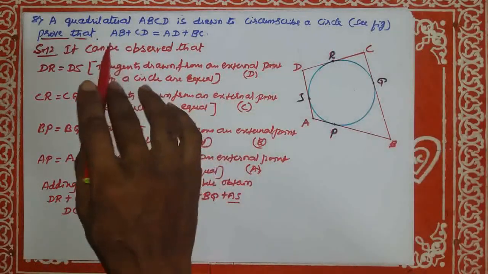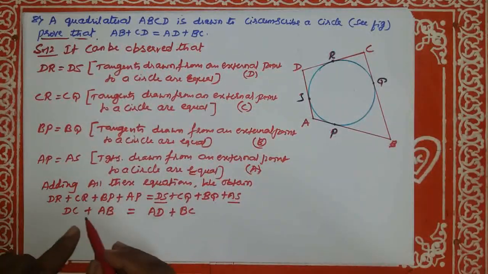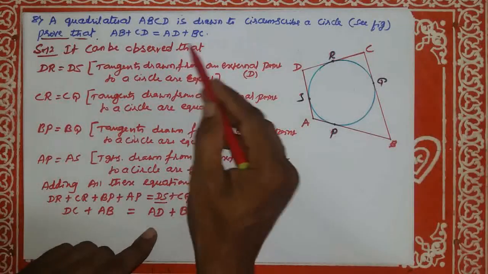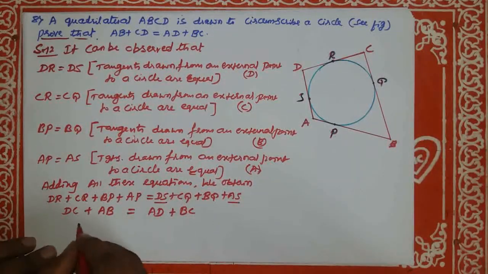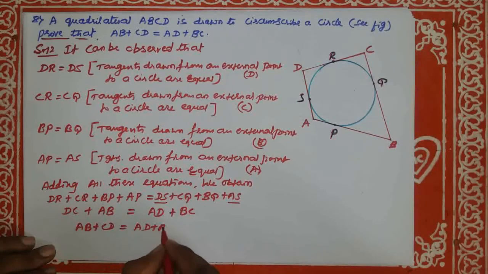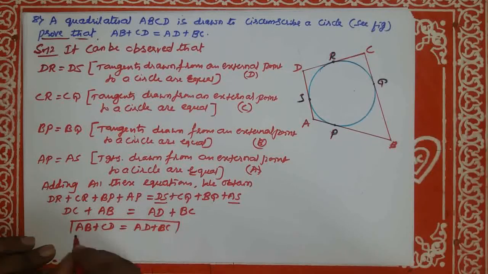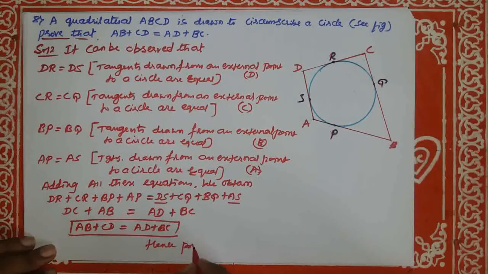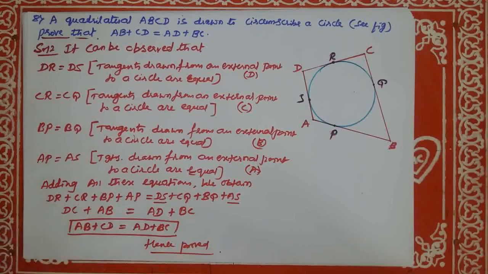See here, AB plus CD is equal to AD plus BC, hence proved. This is the right answer.